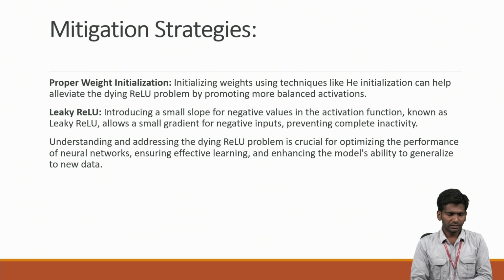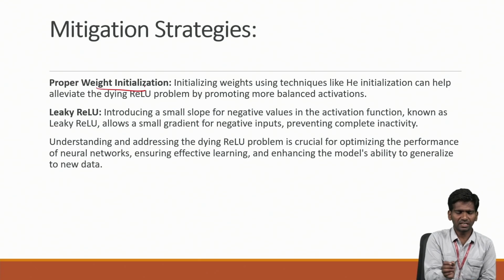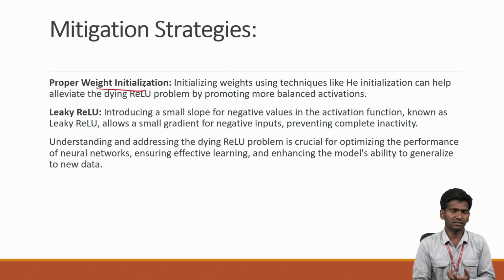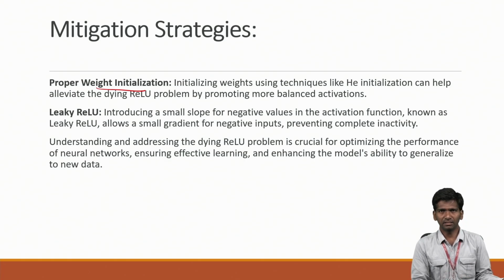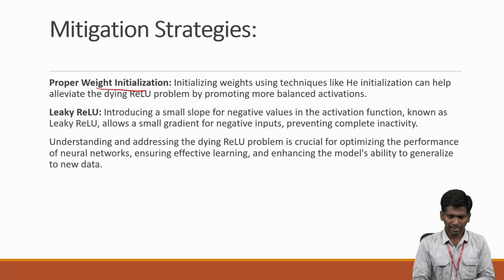Next, mitigation strategies. What mitigation strategies can be used to avoid this? There should be proper weight initialization. There are different weight initialization techniques that we can see in further sessions, in order to keep the ReLU activation function active.